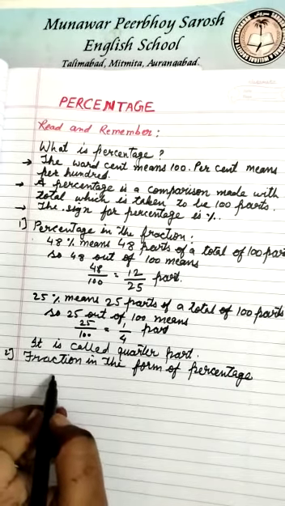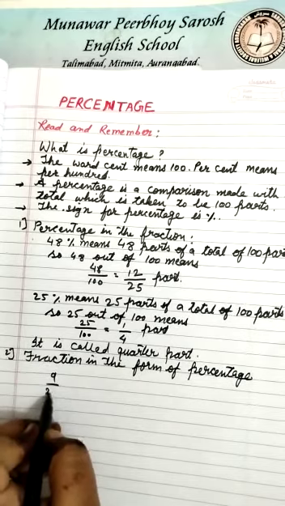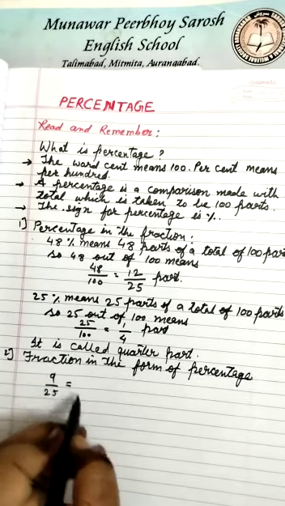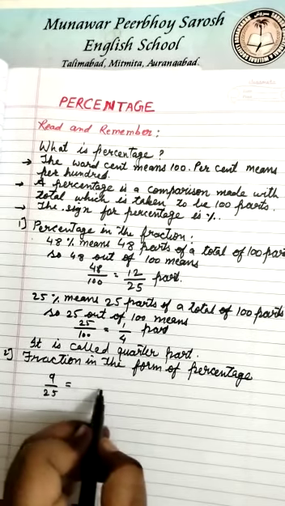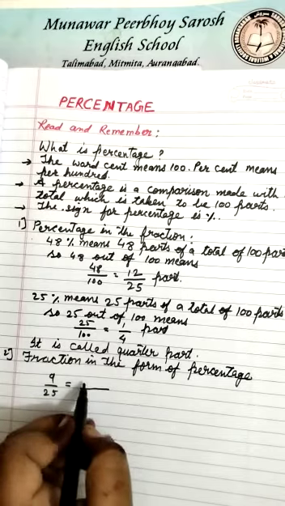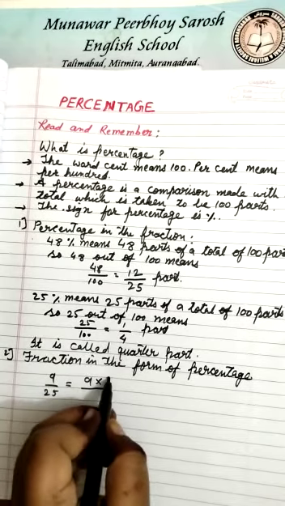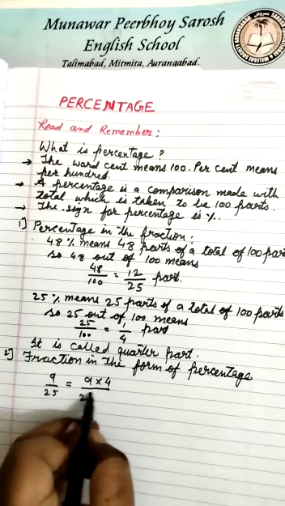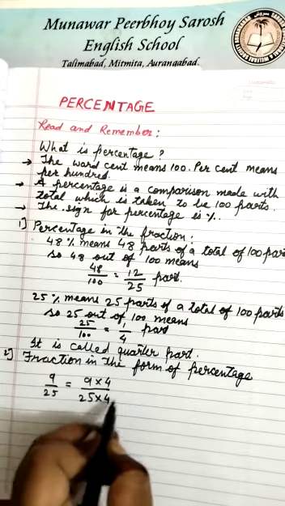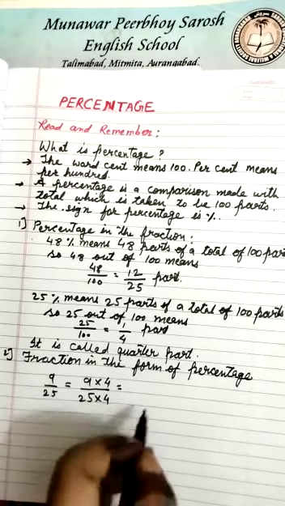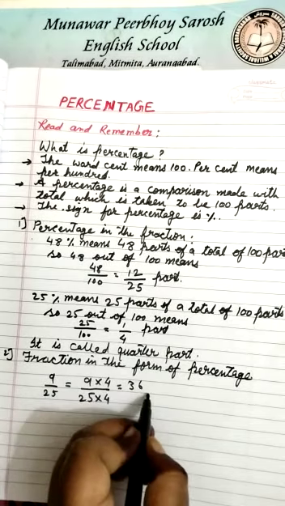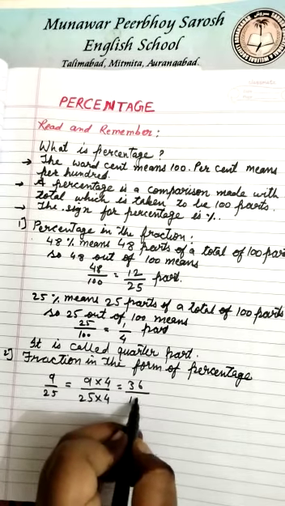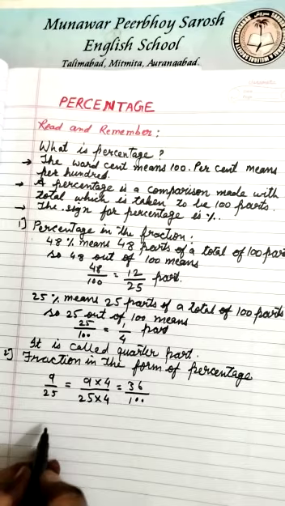Here 9 upon 25 is equal to, we have to multiply 9 multiplied by 4 upon 25 multiplied by 4, which is equal to 36 upon 100.